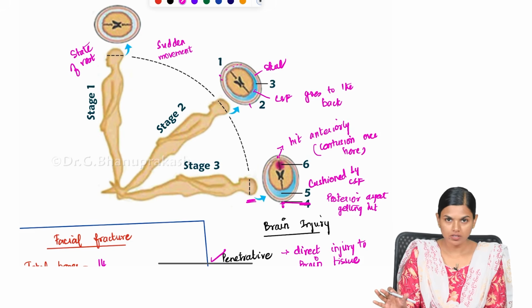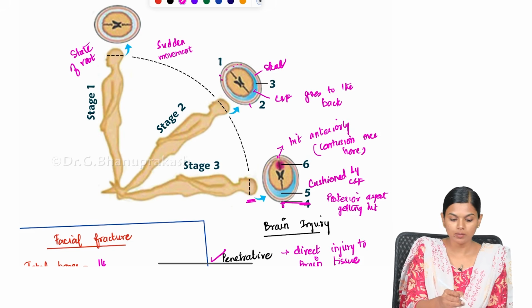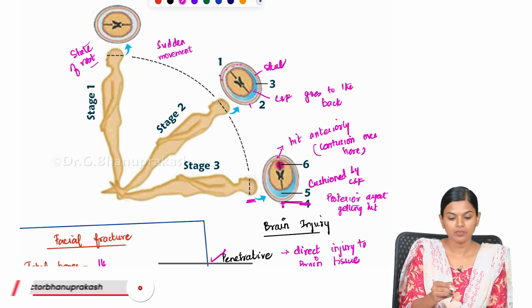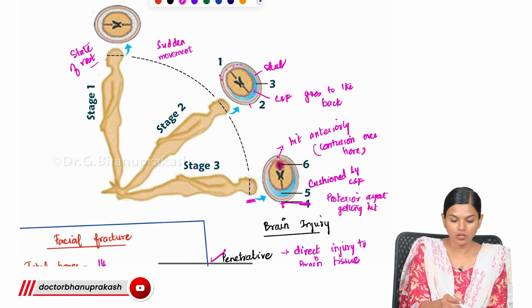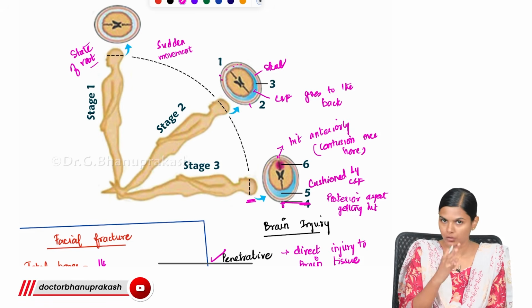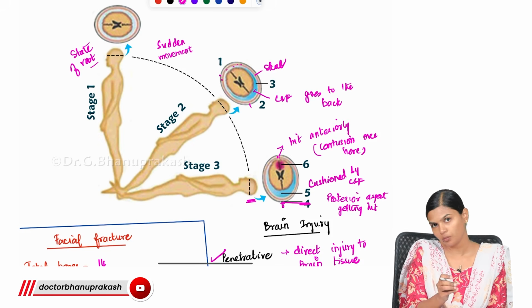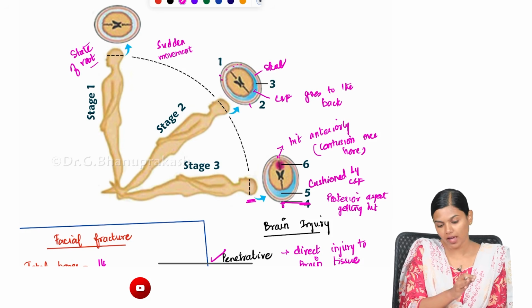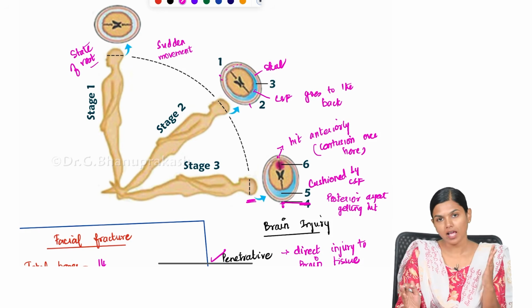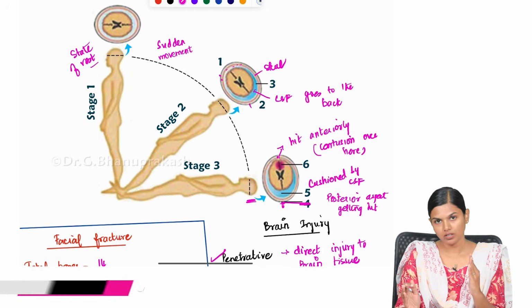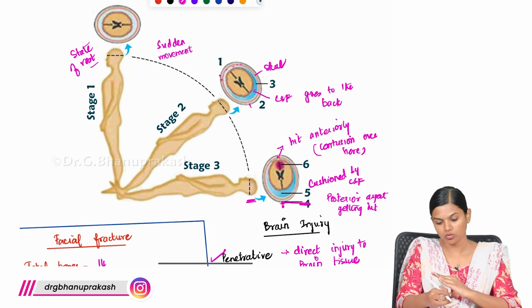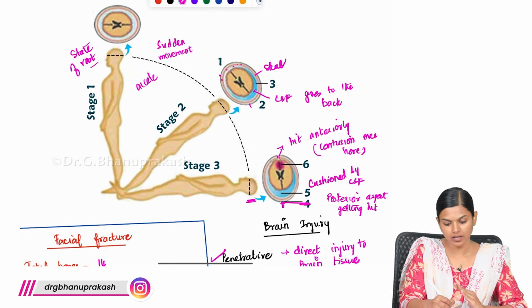Basically what happens is that your body will be in a state of resting. So everything will be normal. You have CSF completely cushioning your brain from the skull. Now because of the sudden movement, there will be sudden acceleration. So your body will accelerate and it will go down.